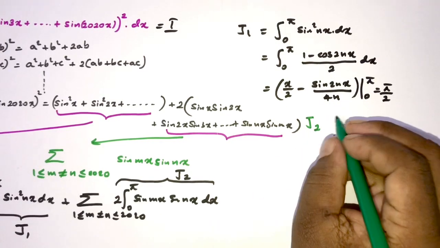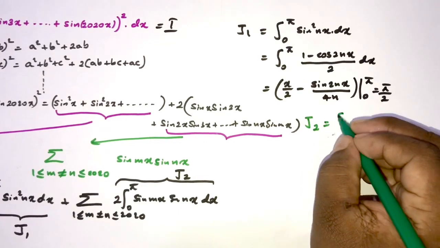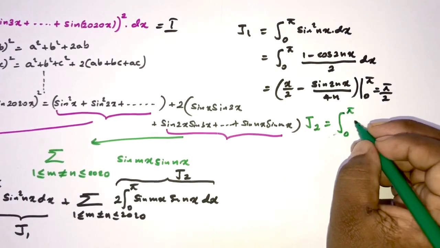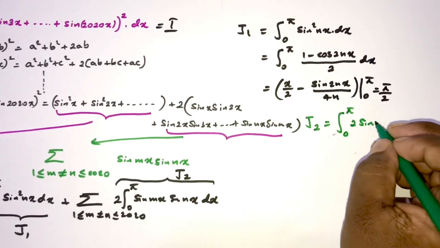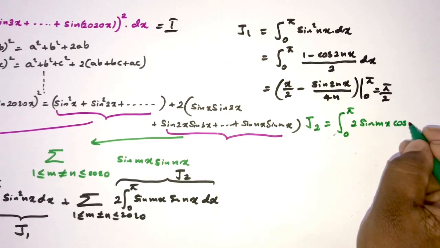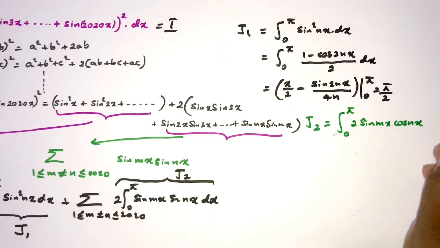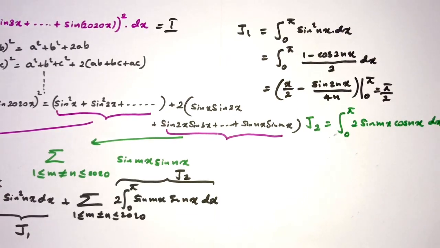Then we are going to evaluate j2. We know j2 is the integral from 0 to pi of 2 times sine of mx sine of nx dx.